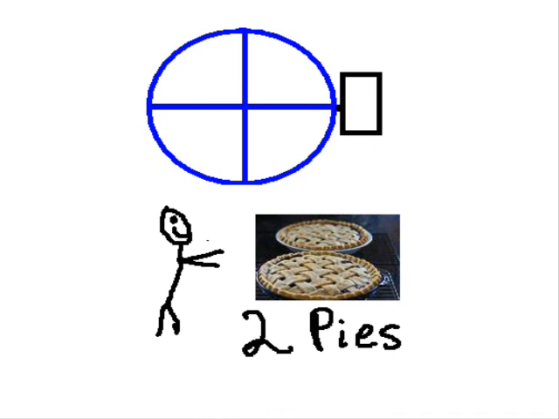What's Billy gonna get? Oh, lucky Billy gets 2 pies from Mom. How many pies? 2 pies. For what? For making one revolution around the circle.